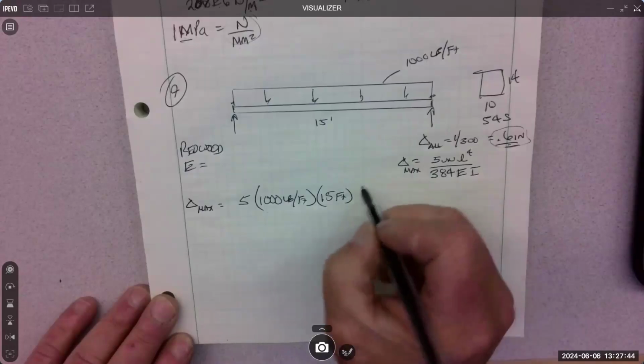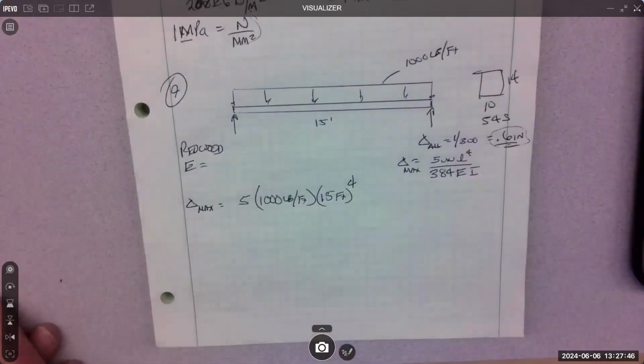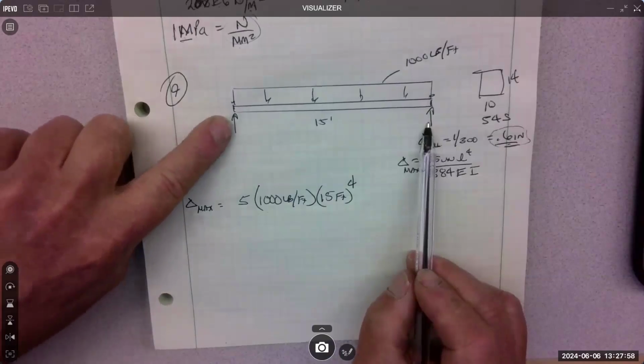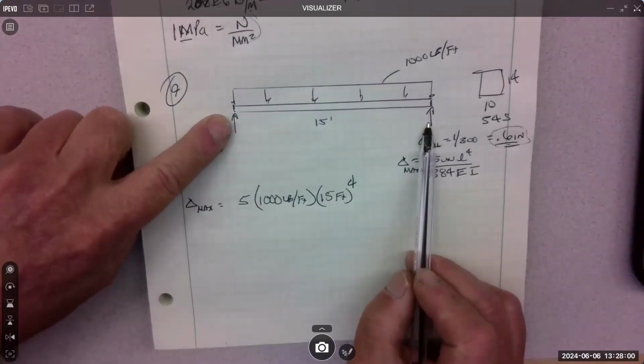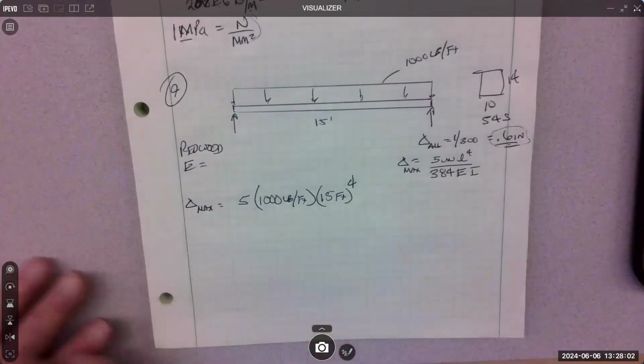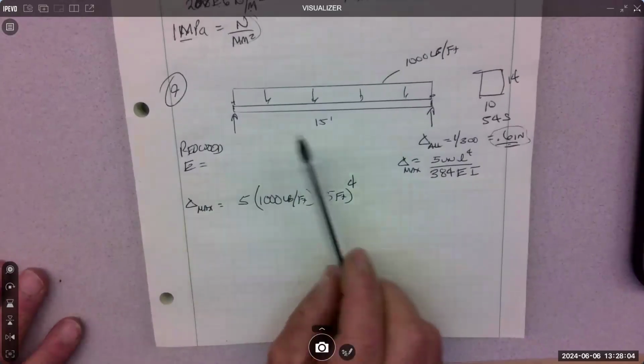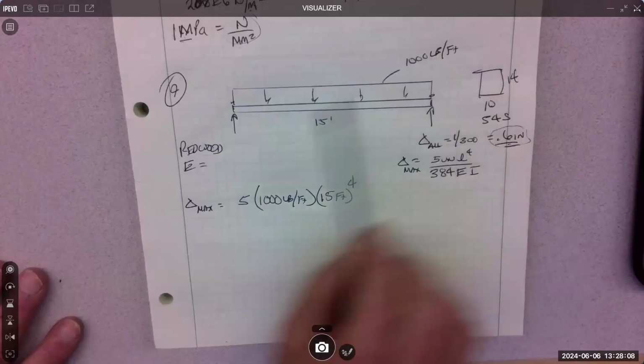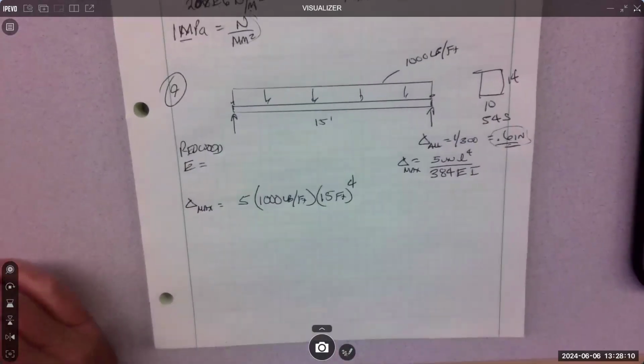Quick question: the 1,000 pounds should be in the middle of the 15, so shouldn't that be concentrated? No, you don't concentrate it. You would concentrate it if you were trying to figure these out, but for the equations in the back of the book, it wants W, and W is the distribution. That's a good question.